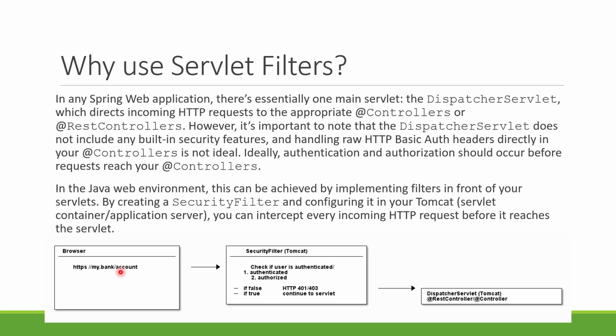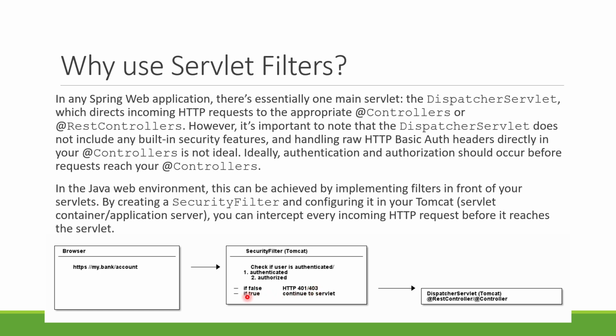Here's a diagram. If we implement the security filter, when the browser makes a request to this URL, before it goes to our controllers, it first will go to the filters. What can the filter do? Authentication and authorization. If they fail the authentication part, we will say 401 unauthorized. If they fail the authorization part, we will say 403 forbidden.